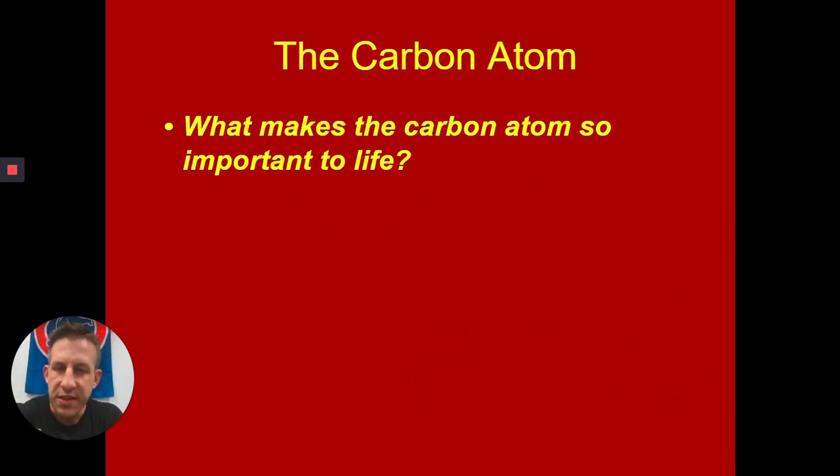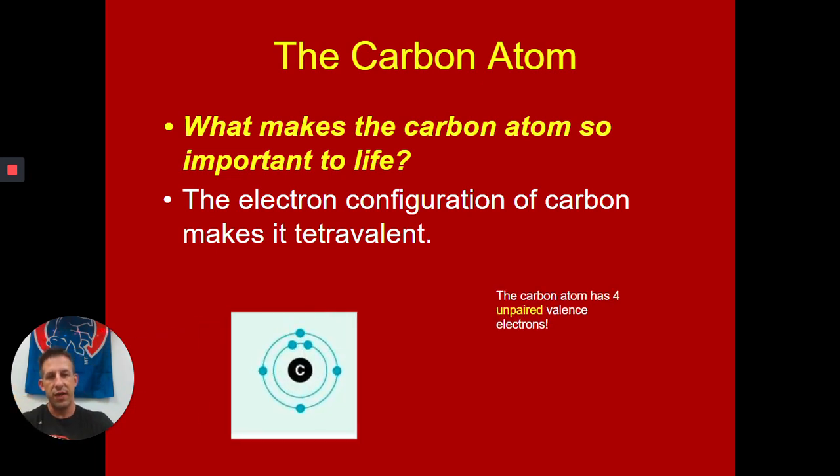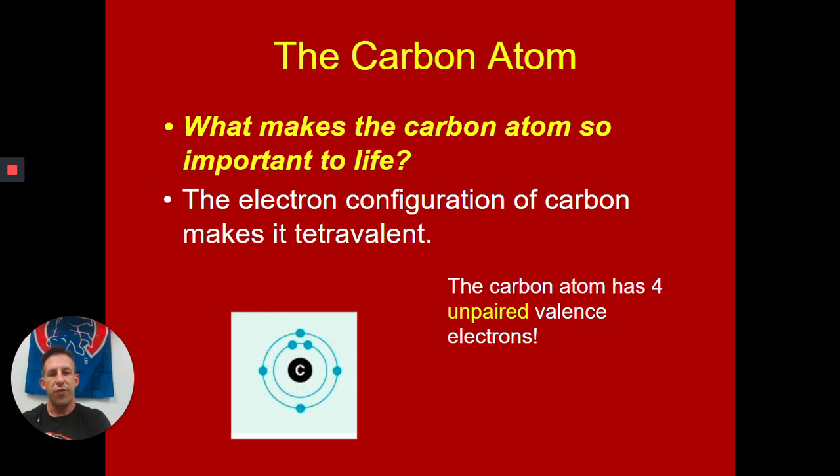All right, so since the carbon atom seems to be such an important part of life, what makes it so important? Well, it turns out that carbon is tetravalent, and a tetravalent atom means that it's got 4 unpaired valence electrons.